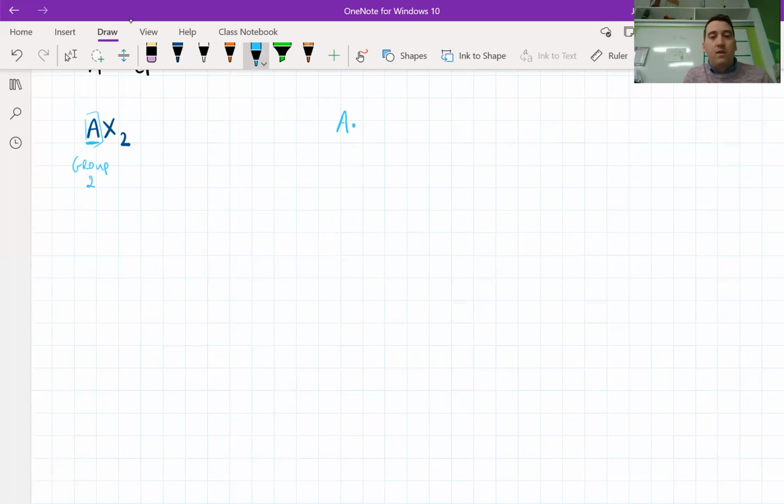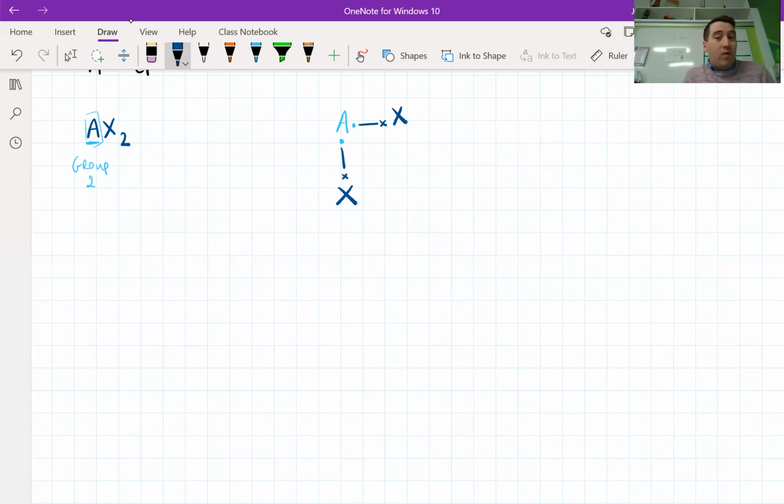Let's draw them. One here, and one here, two of them. When it bonds, it's going to form a pair of electrons, a bond with X, like this. So here's X, and here's the other X. There's the two X's, and here are the bonds, which are the shared pair of electrons between them.